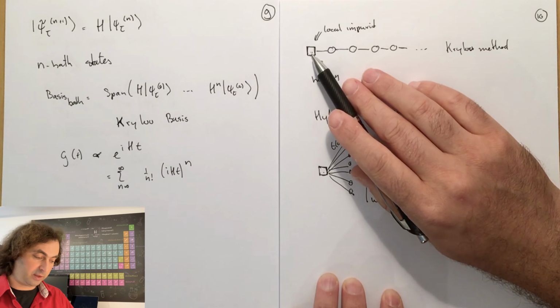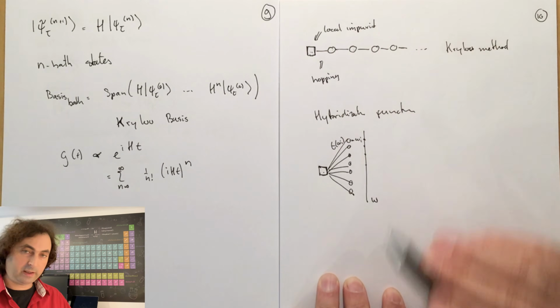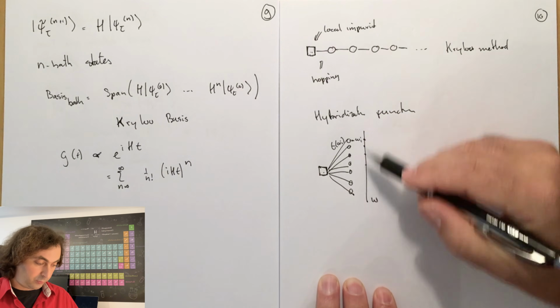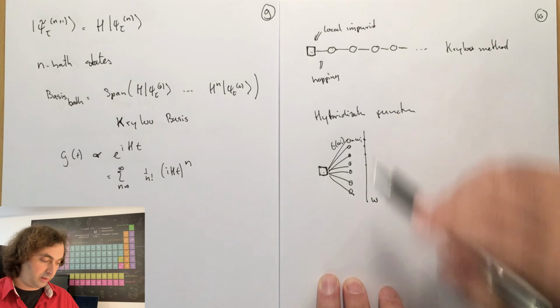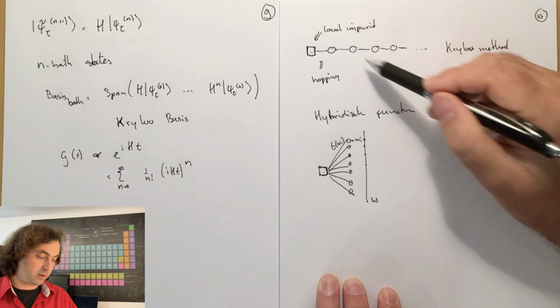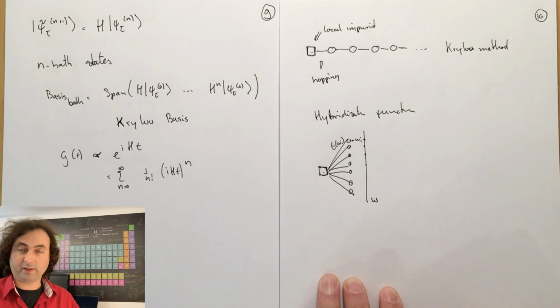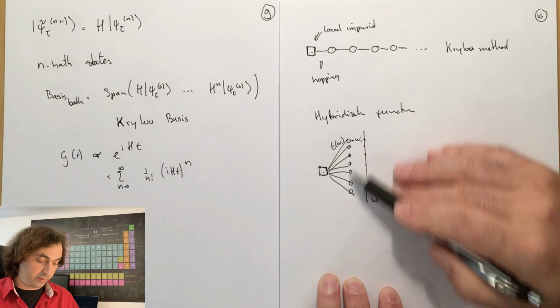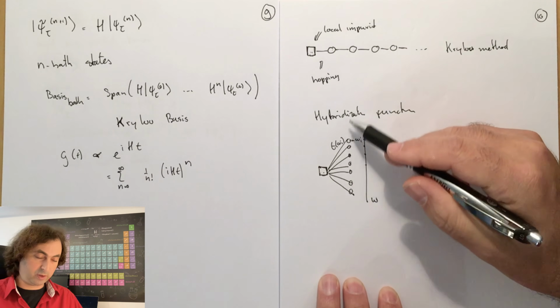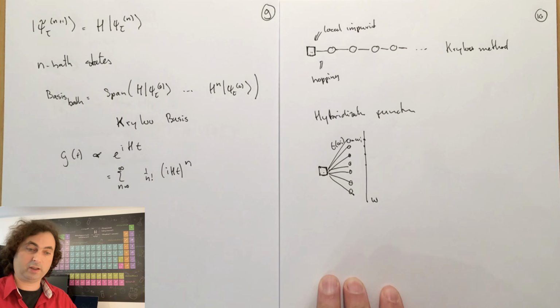The Krylov method gives you the local impurity interacting with a one-dimensional tight binding chain. Of course, going between one and the other is just a unitary transformation. You can diagonalize the bath that you get with the Krylov method, and then you get the bath as you would have gotten from the hybridization function, that is diagonal.